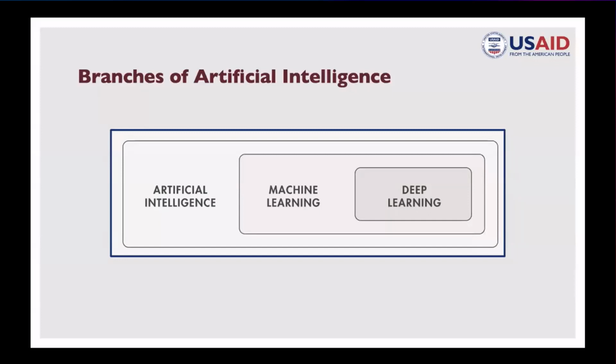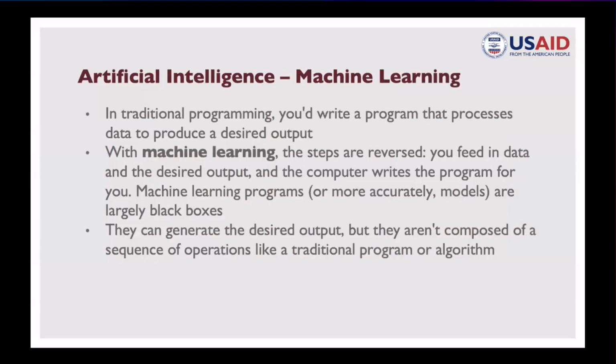Okay, so today we'll only be focusing on the general one, which is machine learning. Now, before we proceed with defining what is machine learning, let's try to differentiate first these two.